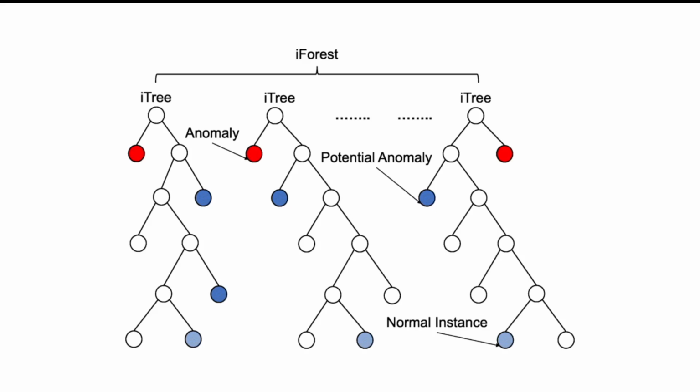So if you have anomalous data, it'll take a lower number of splits to separate it from the normal data. Whereas if you have normal data, it will take more splits to separate it from other pieces of data like itself. That means the isolation forest model will determine if an object is an anomaly based on the number of splits it takes to separate it from other instances that it was trained on.